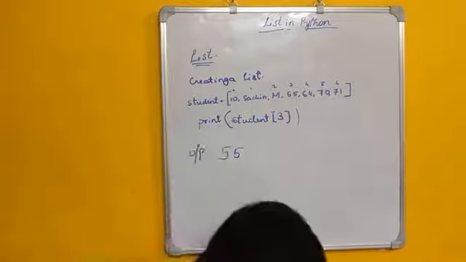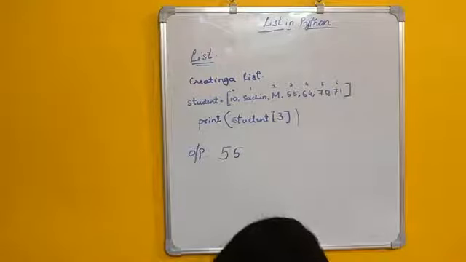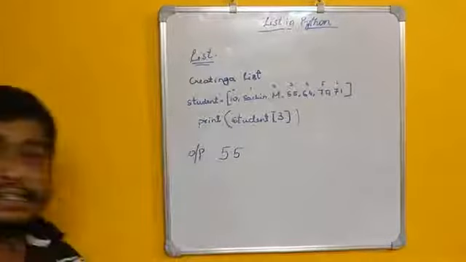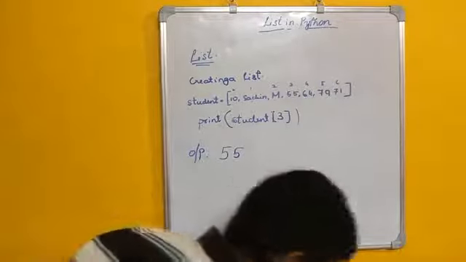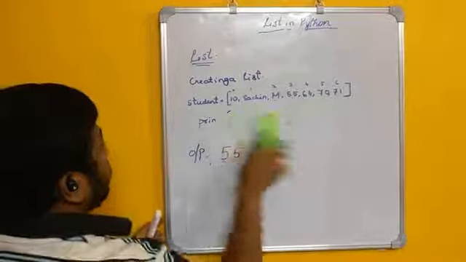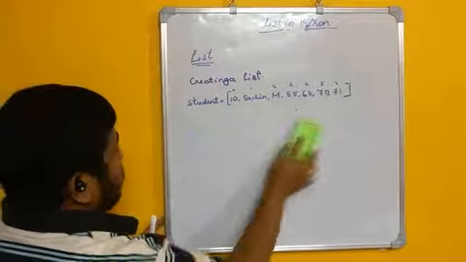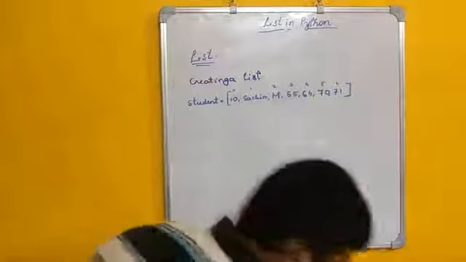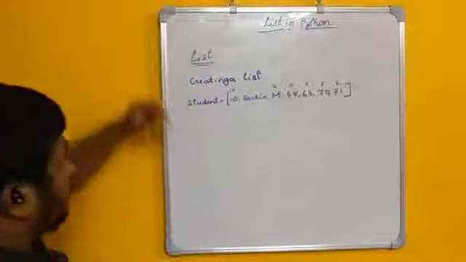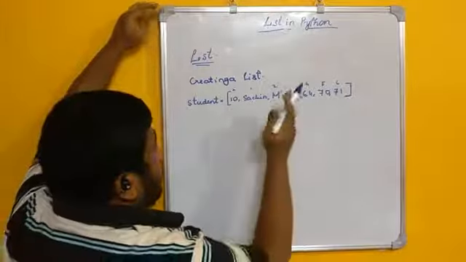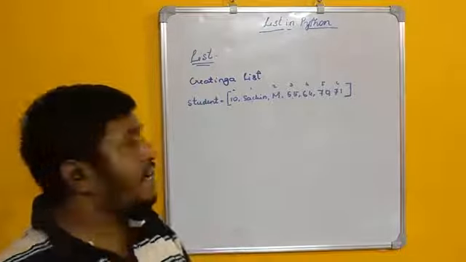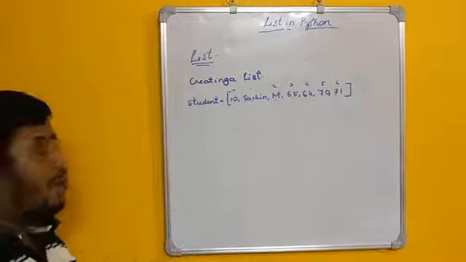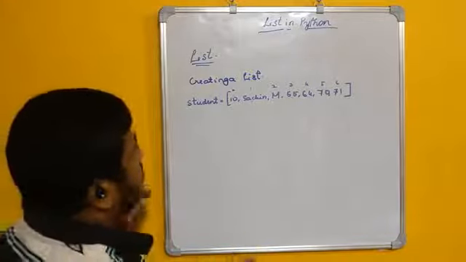Okay, next we will see how to slice the list. Slicing means getting a part of the list, or dividing the list, or cutting the list into parts.